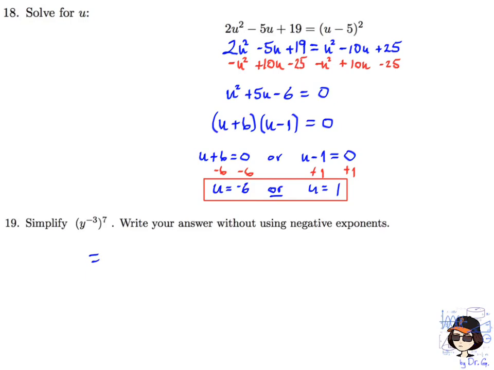So we get y to the negative 21, negative 3 times 7. Now we're done, except for our answer isn't in the right form. So y to the negative 21 is just 1 over y to the positive 21. So that negative exponent just means flip it over and change the sign of the exponent. All right, the last problem.